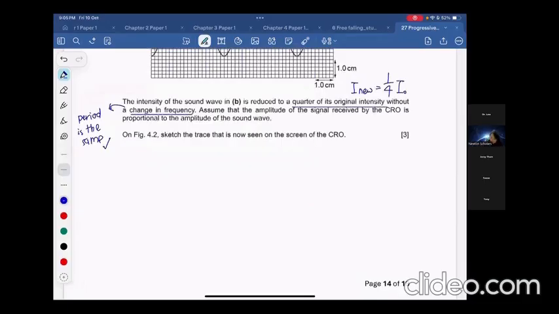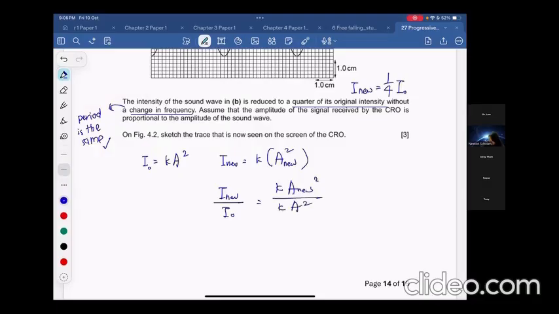You need to do the same thing as just now. Initially it is Ka square, this one is original. Then the new one is Ka new square, with new A. I new divided by I original is Ka new square divided by Ka square.